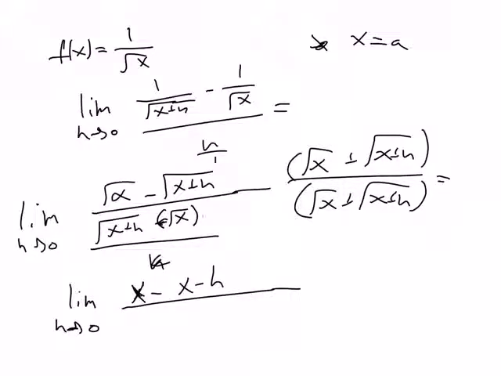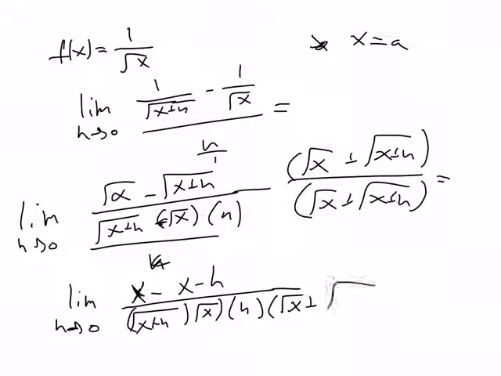I could have actually done this before. All over x plus h times square root of x times h times the square root of x plus square root of x plus h. And now these cancel, and then the h's cancel.